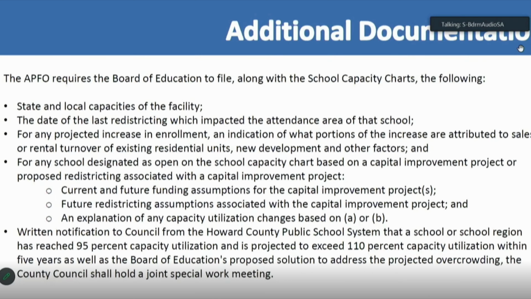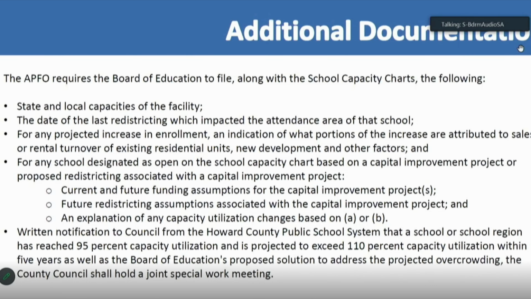The last page in attachment 3 is intended to be the notice to the county council of the schools that have reached 95% capacity utilization and are projected to exceed 110% capacity utilization within the next 5 years. The attachment also includes potential solutions based on the June 2022 feasibility study and the FY24 long-range master plan as required by the ordinance. Should you approve the motion as indicated in the report, the council will then be prompted to hold a joint special work meeting.